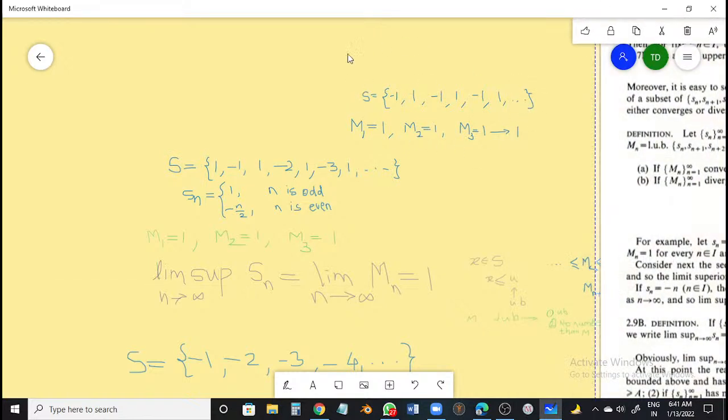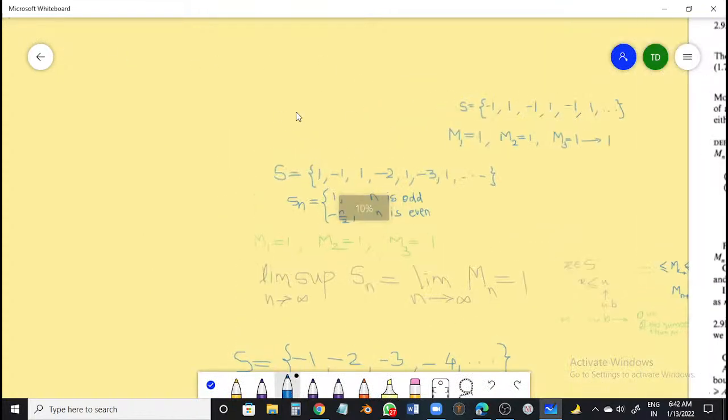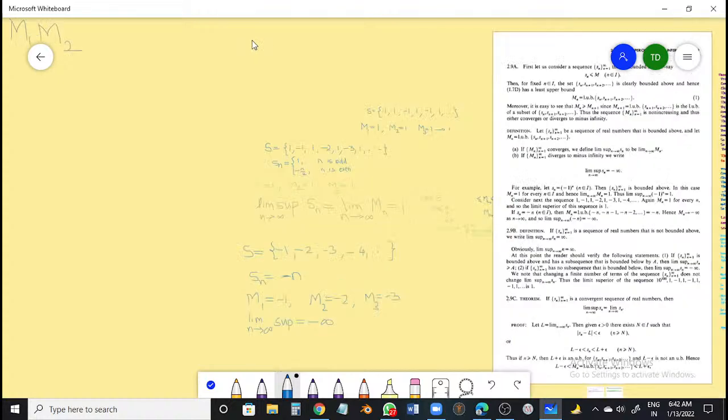If I talk about the first sequence, minus 1 raised to n, the terms are minus 1, 1, minus 1, 1, and likewise. We see that the sequence is bounded above by 1. So all the terms Sn are less than or equal to 1.